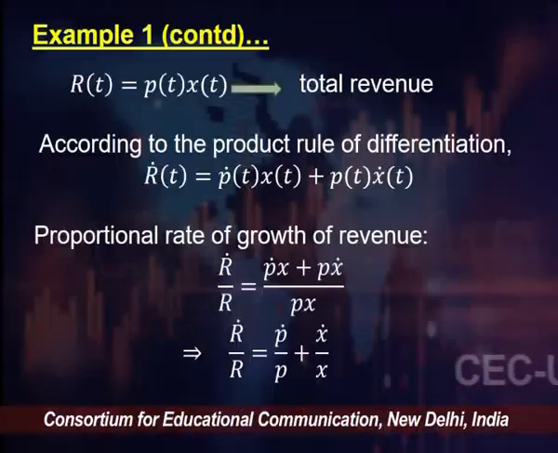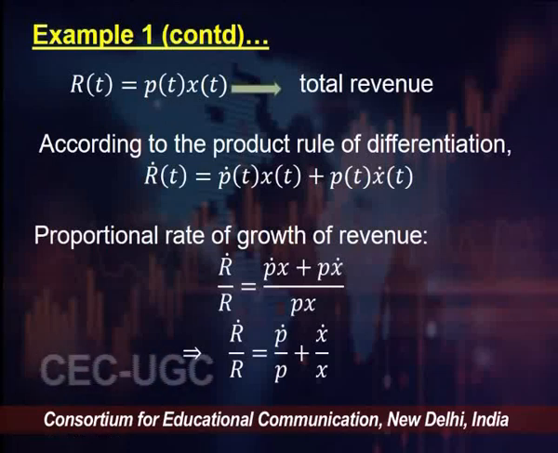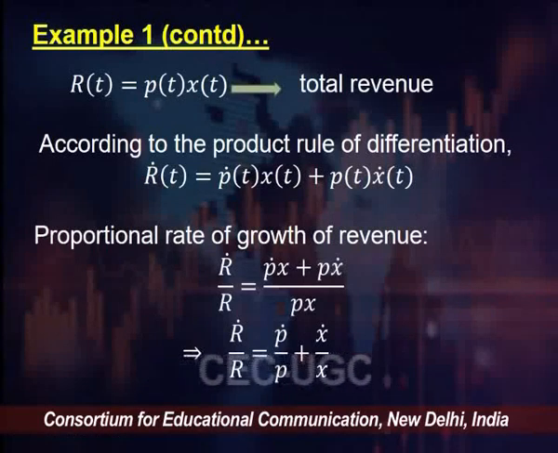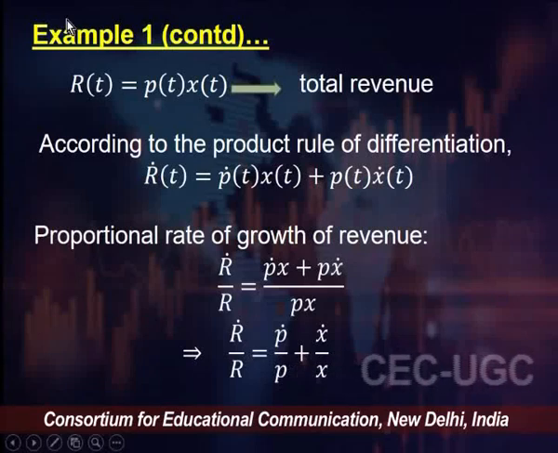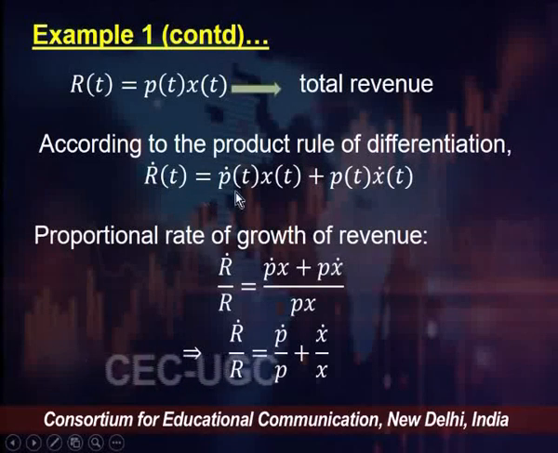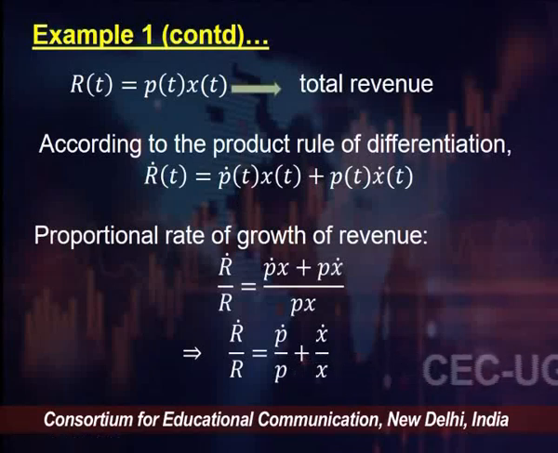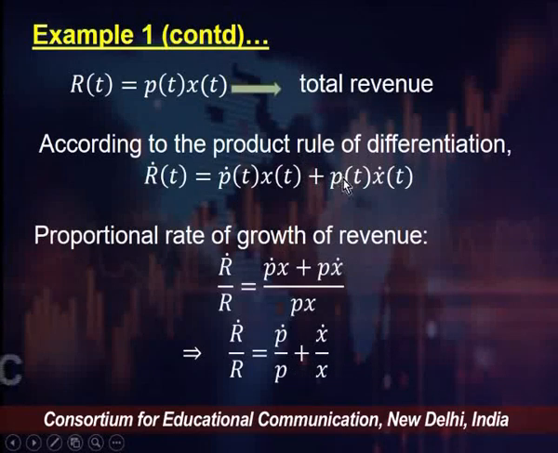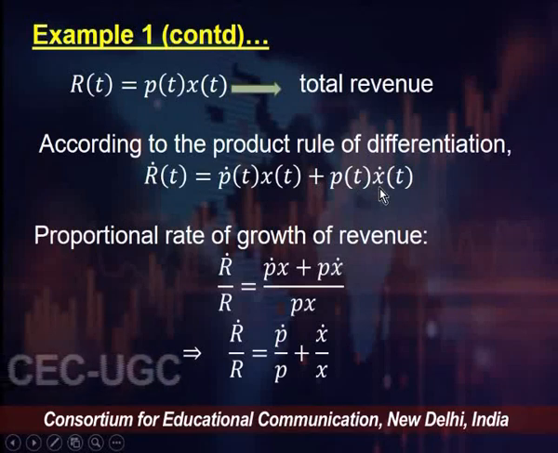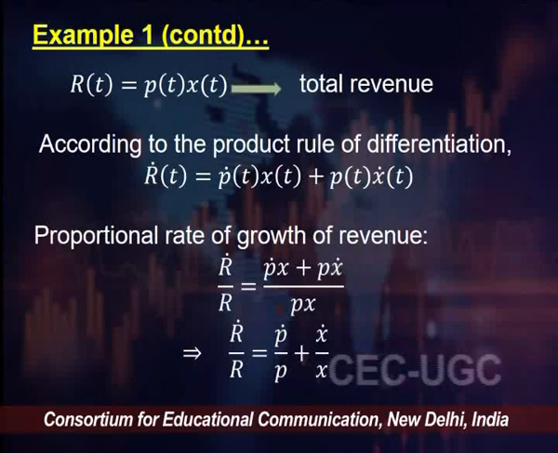Now R of t, the total revenue, is p of t times x of t. Because this is the product of two functions, we can use the product rule of differentiation to obtain r dot, which is dr by dt. By the product rule, r dot is the derivative of the first function, p dot of t, times the second function, plus the first function times the derivative of the second function, which is x dot of t.